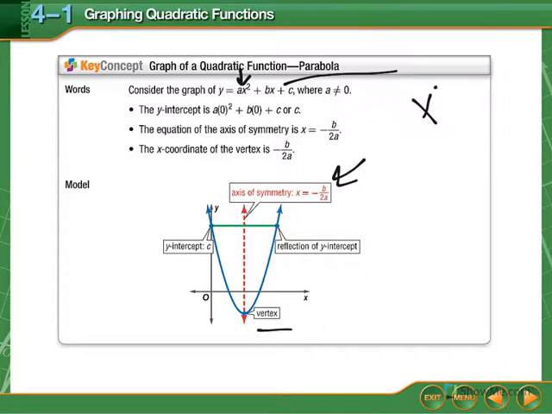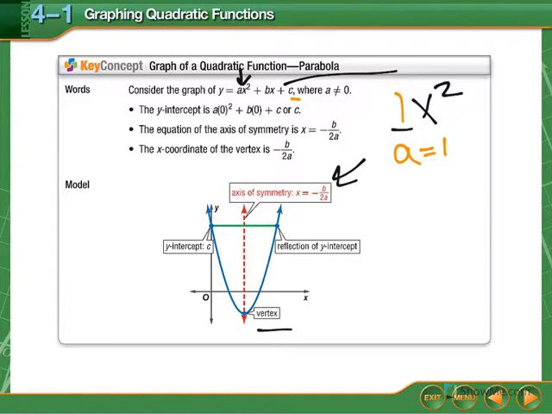So if you had just an x squared, the coefficient would be 1, and a would be 1. Bx means the x by itself, the number in front of that x is called b, and when you have a constant by itself, it's called c. That will make more sense once we actually do an example.